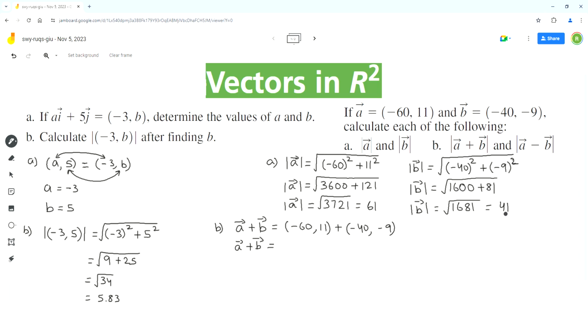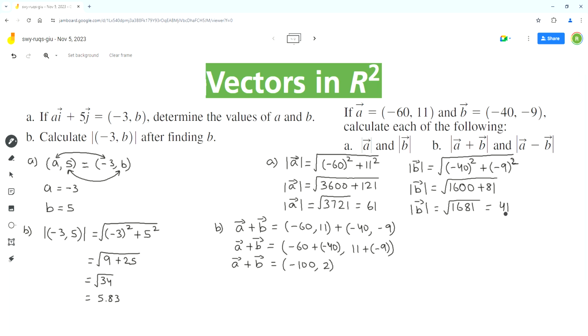So we can add the x components and y components of these two vectors. So negative 60 plus negative 40 is equal to negative 100. And 11 plus negative 9 is equal to 2.